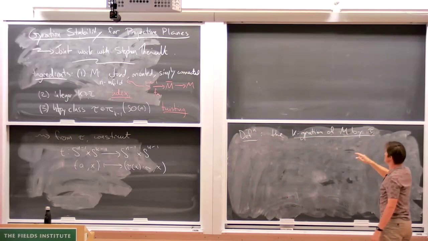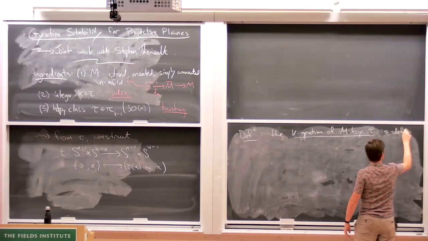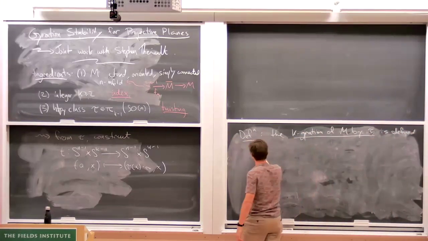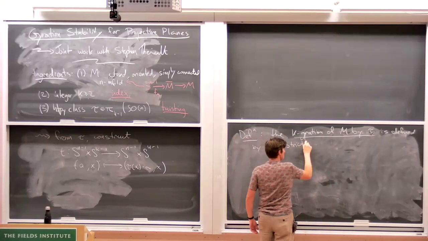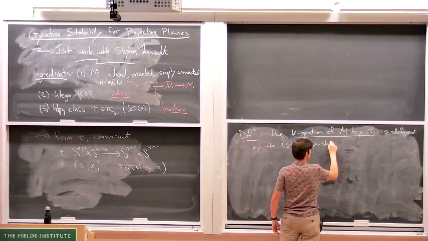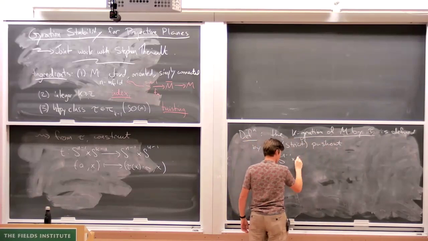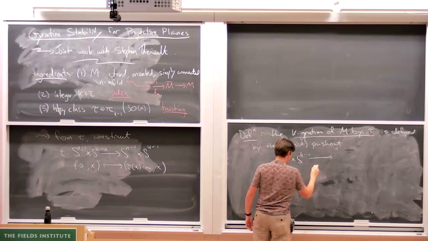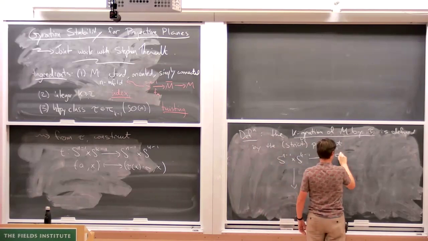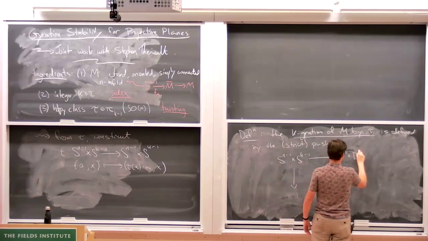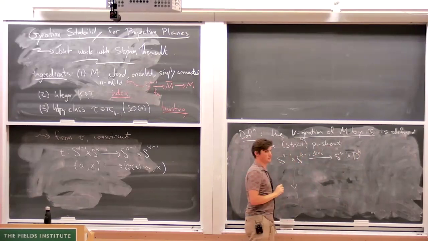The k-gyration of M by tau is defined by the strict pushout, which goes like this. Along the top, I map into S^{n-1} cross a k-disk, and that's just the identity cross the inclusion of the boundary.